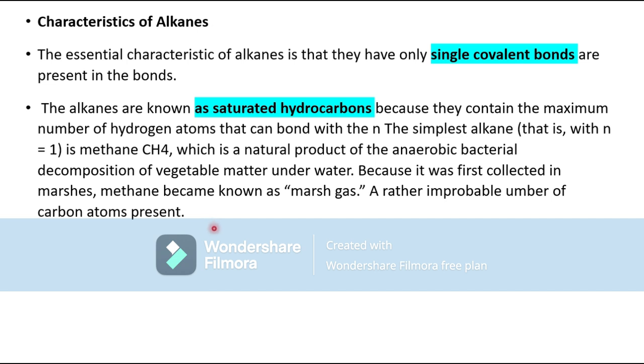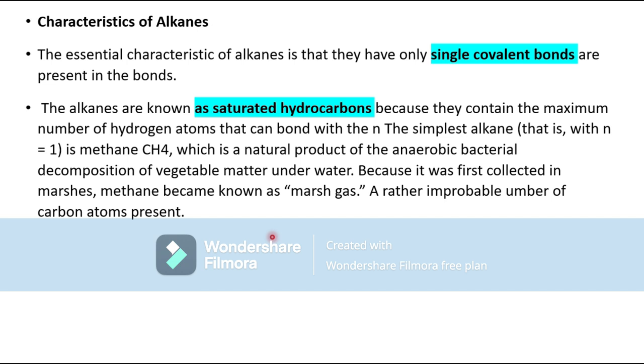Another thing to know is that the first group of the alkane group are gases, such as methane, ethane, propane, and butane. The first 4 groups are gases.